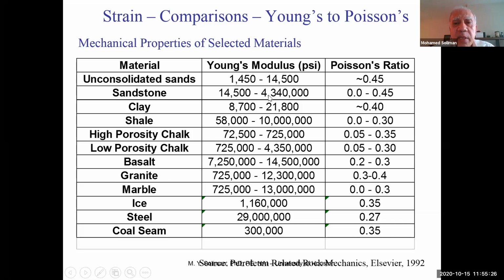Sandstone can get higher than 4 million. With Poisson's ratio, it's usually higher than 0, but has to be less than 0.5. Usually, in what we deal with, the confining shale is softer than sandstone. And this is a very interesting parameter. We are going to look at it in a minute.